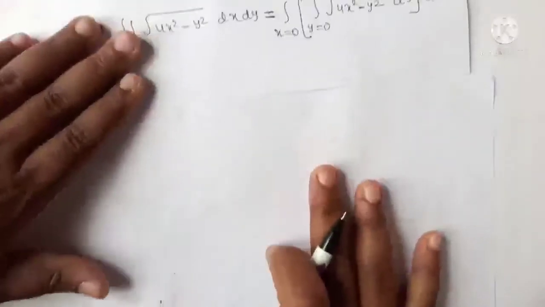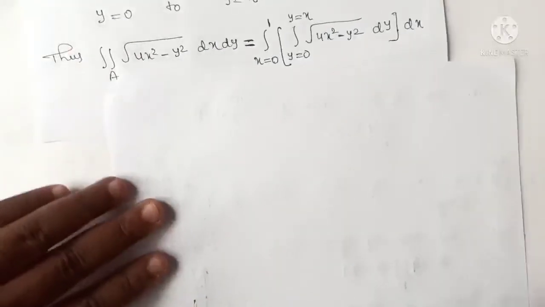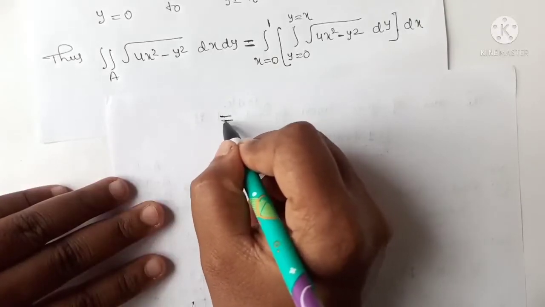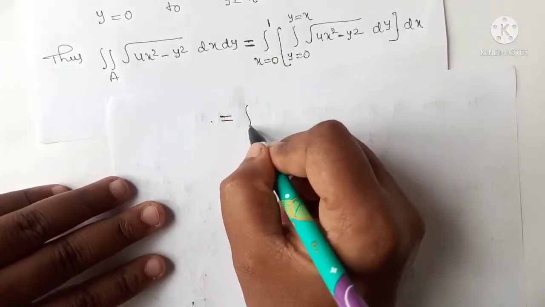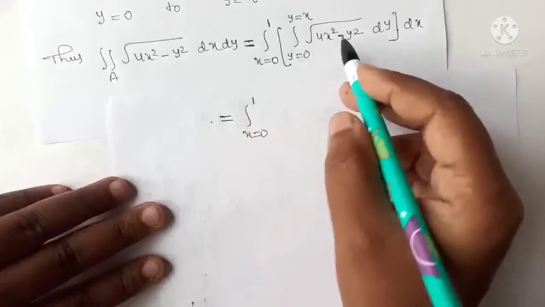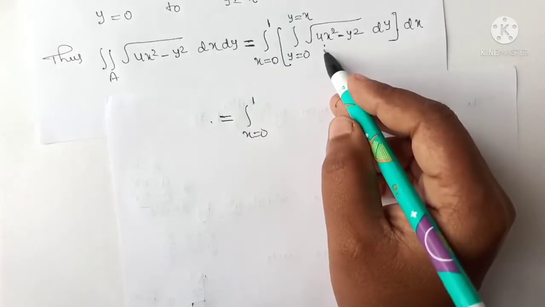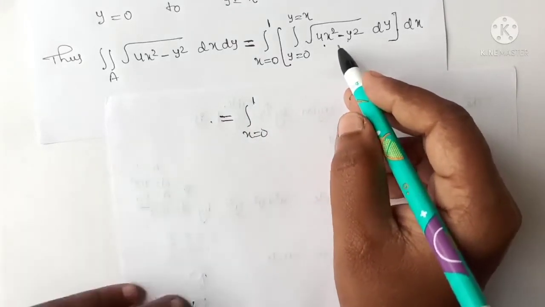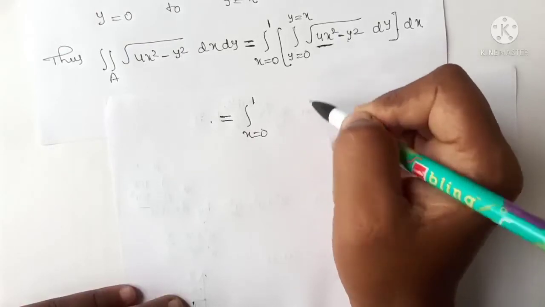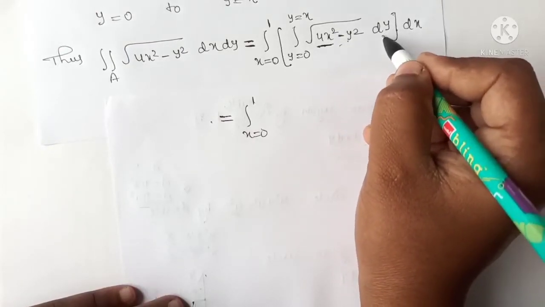So integrating with respect to y, the given integral is equal to the integral x equals 0 to 1 as it is. So here square root of 4x square minus y square. Now the outer part becomes completely constant because we are integrating with respect to y.